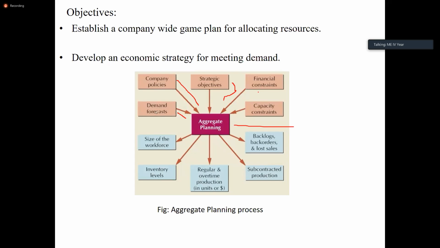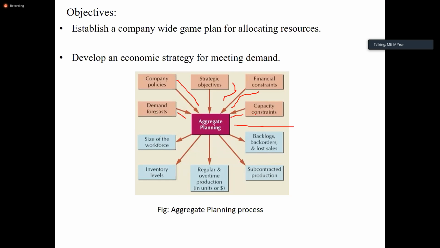And financial constraints: every quarter they have to spend only this much amount. A few companies have such constraints. And capacity constraints, like they have to have only 50 employees, or they need to use only this much machine capacity per hour, or only this many hours monthly.